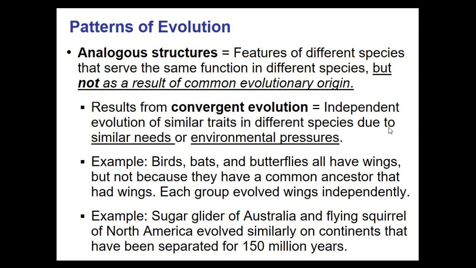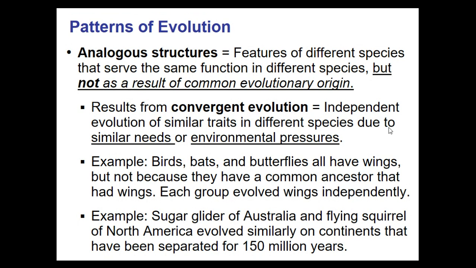In fact, birds are believed to have evolved from dinosaurs, which didn't have wings. They evolved from the group of dinosaurs that includes Tyrannosaurus rex. Bats evolved from mammals that did not have wings, so they evolved the wings through their own evolution.